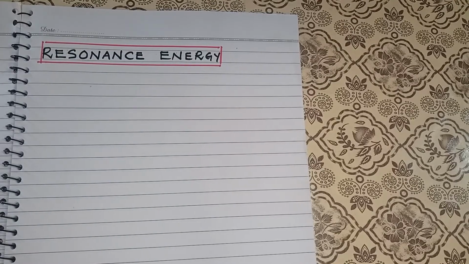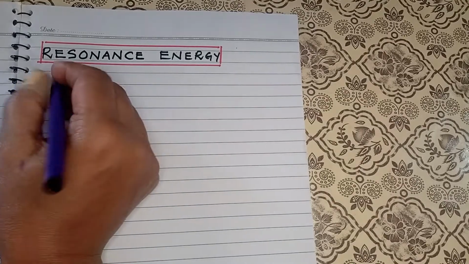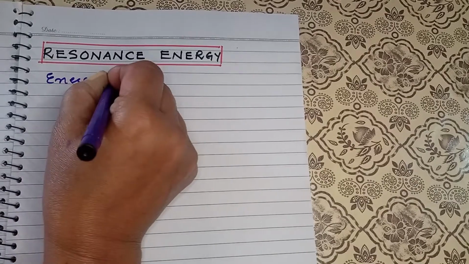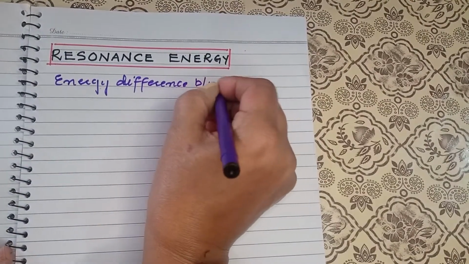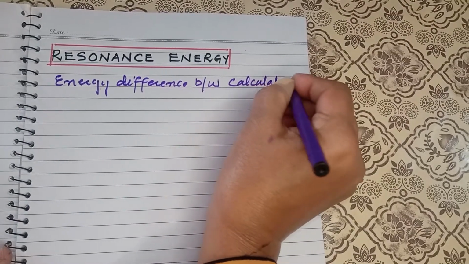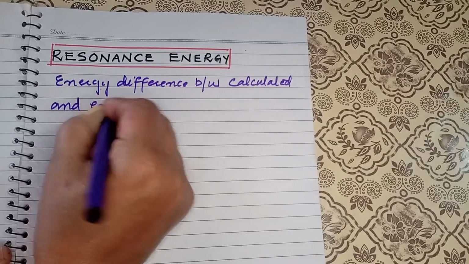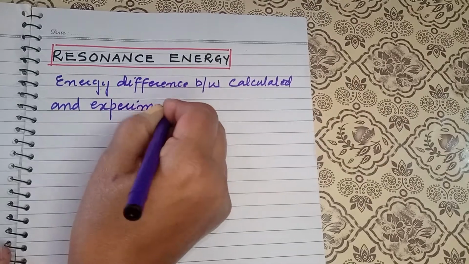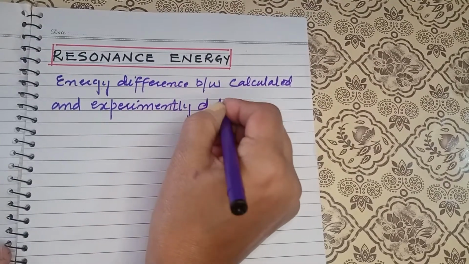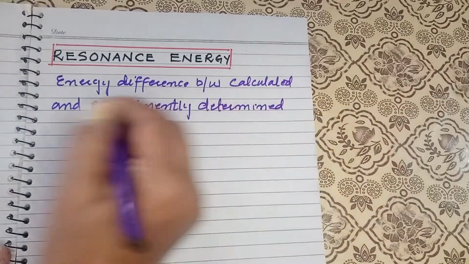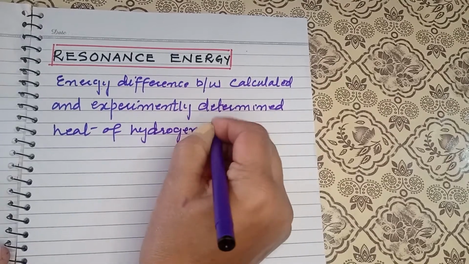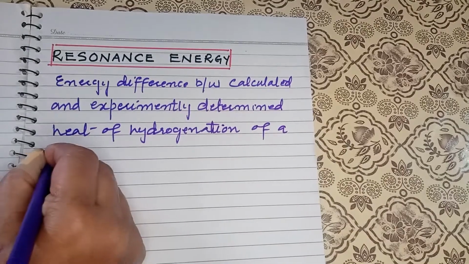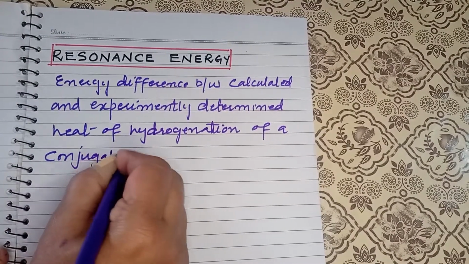Resonance energy is the energy difference between the calculated and experimentally determined heat of hydrogenation of a conjugated system, like benzene.